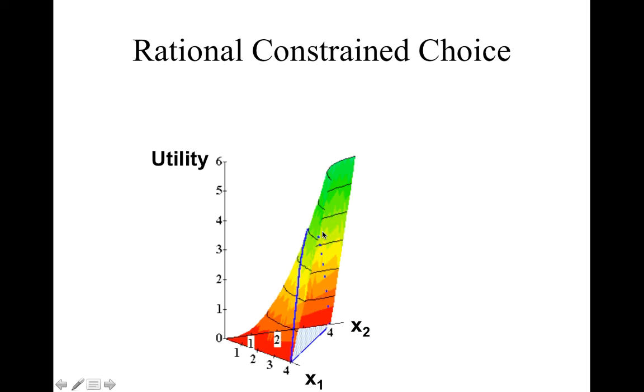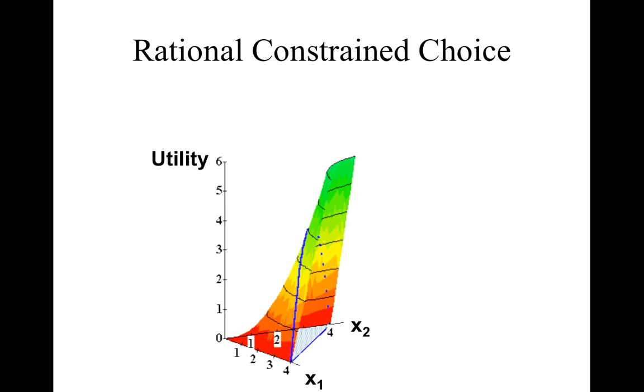This blue line here is the budget constraint. It's a three-dimensional representation of the budget constraint, and it basically tells you how high you can reach on the utility surface, which you saw before in the utility video as well.